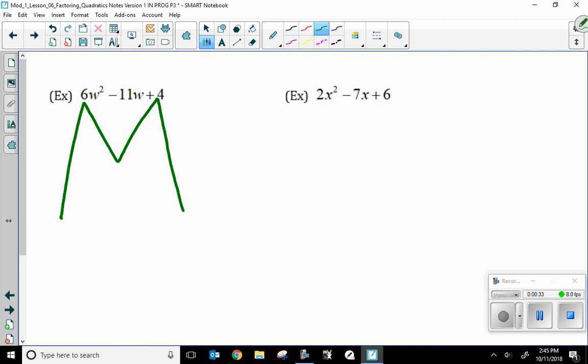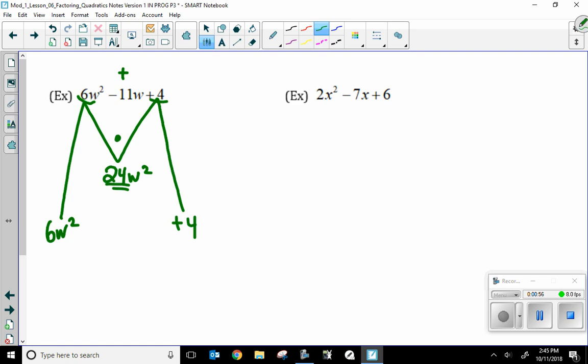Right here, I know I got 6w squared. I have a positive 4. And if I multiply 6w squared and 4, I should get 24w squared. So this brings us to a situation where what multiplies to 24w squared but adds to 11w.